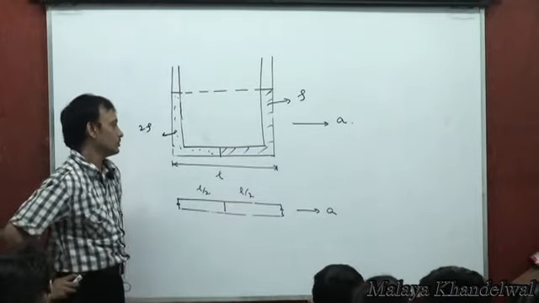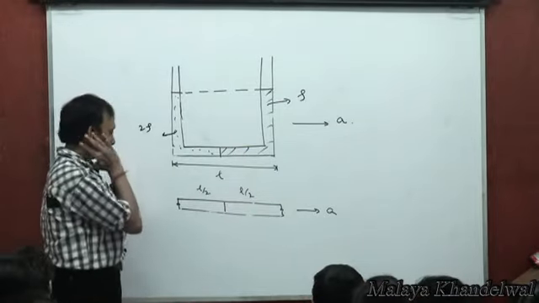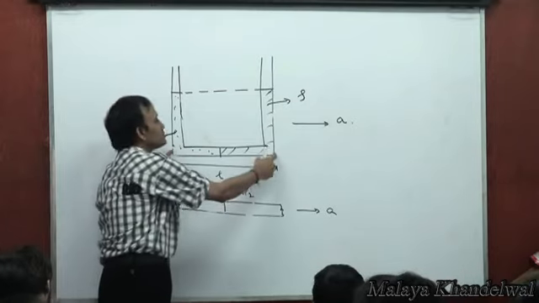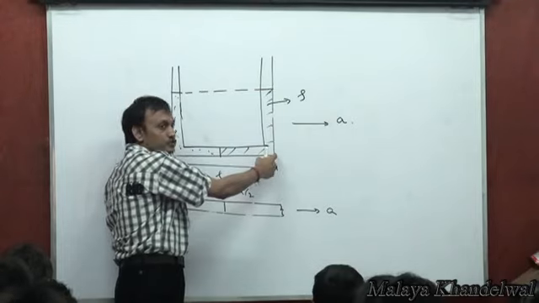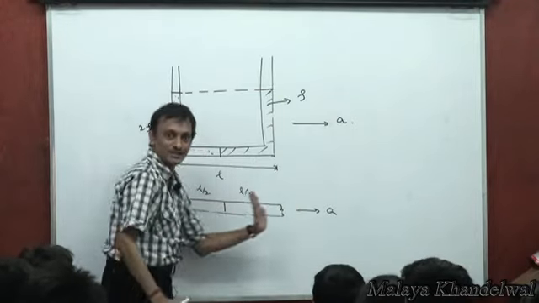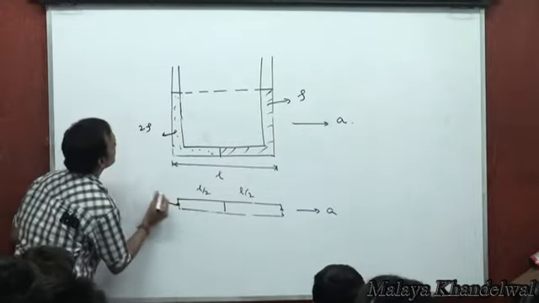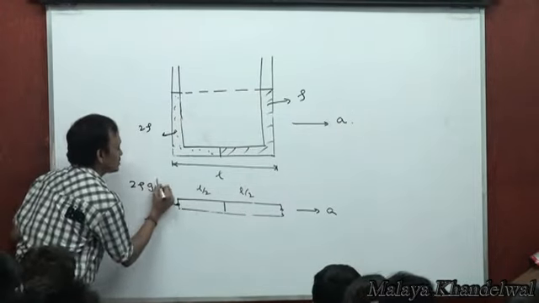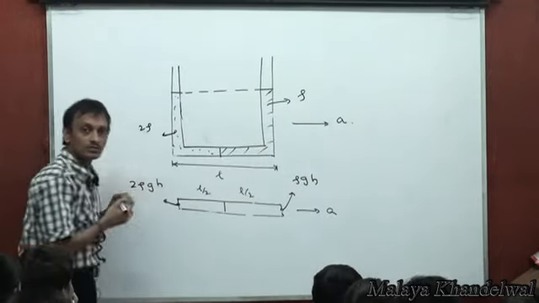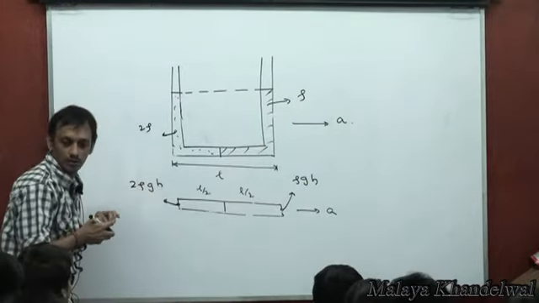Now the difference in pressure, what does it do? The difference in pressure between these two gives this mass an acceleration A to the right. ठीक है ना? यहां पर pressure is 2 rho GH, यहां पर pressure is rho GH, right?